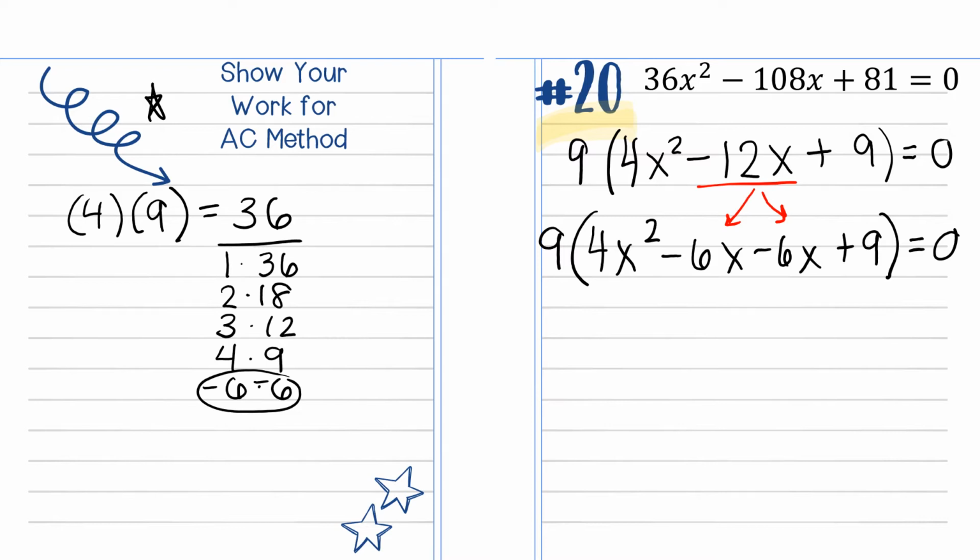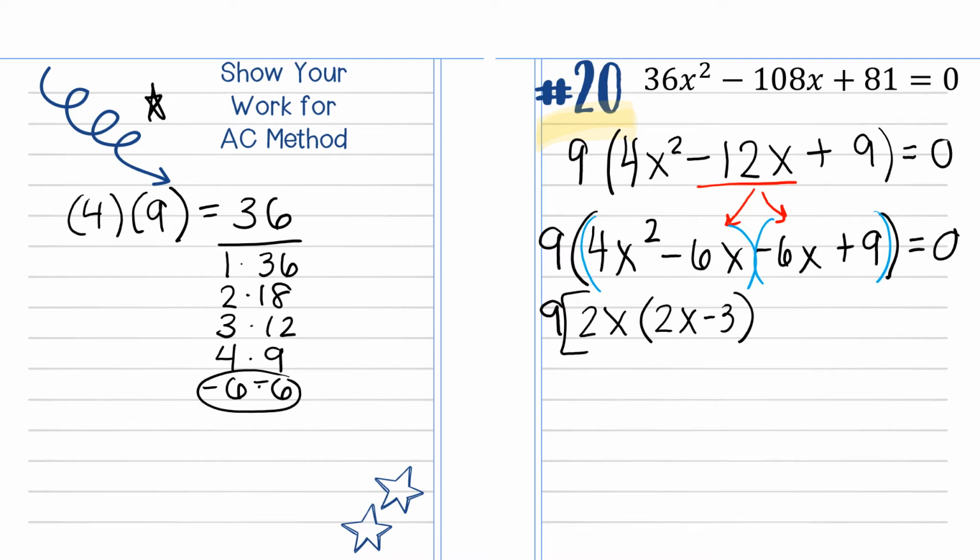Now that we've created 4 terms, we can go ahead and continue factoring by grouping. Remember, to factor by grouping, you group your first 2 terms, and you group your second 2 terms, and you factor out the greatest common factor of each. So keeping my 9 on the outside here, the greatest common factor of 4x squared and negative 6x would be 2x, and what's left on the inside would be 2x minus 3.